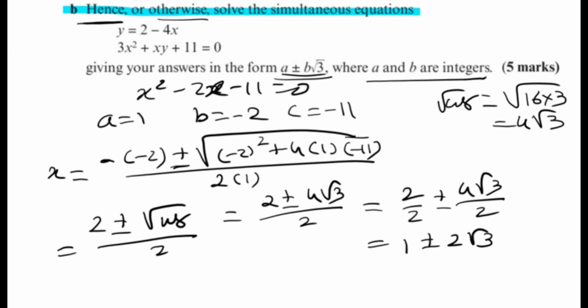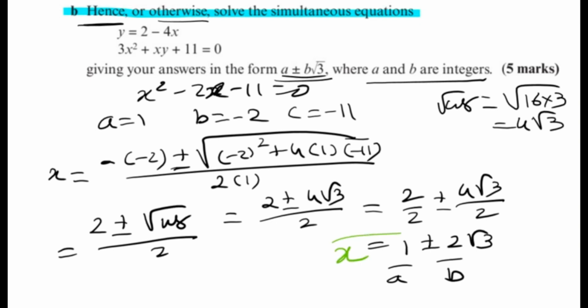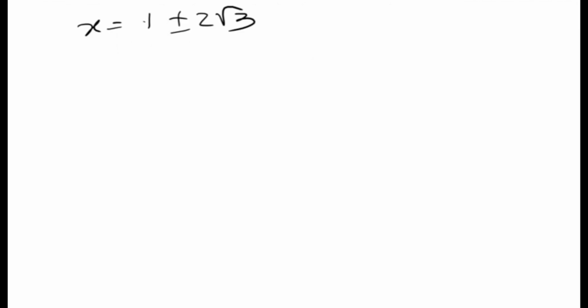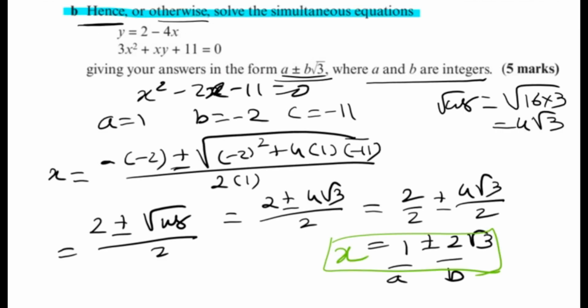So we are told a and b are integers. So this is our a and this is our b. So this is our answer for x, 1 plus or minus 2 root 3. But we have to find the answer for y as well. So we know our equation is y is equal to 2 minus 4x, right?